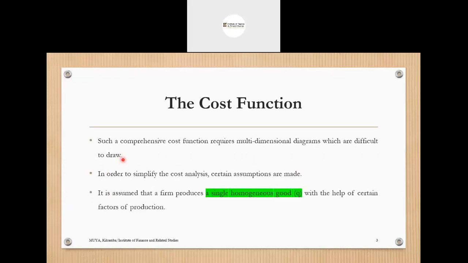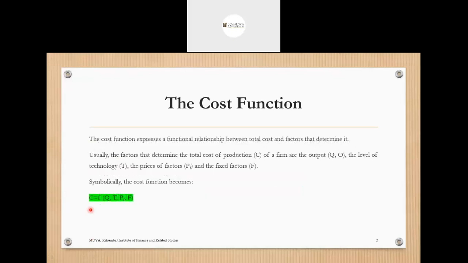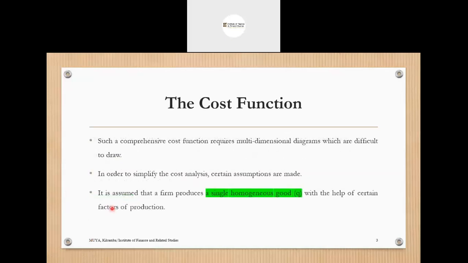Remember, at this stage of introduction to microeconomics, most of what we'll be doing is graphical, and we may not be able to draw a graph that has all these functions. As a result, we simplify the cost functions by making certain assumptions.